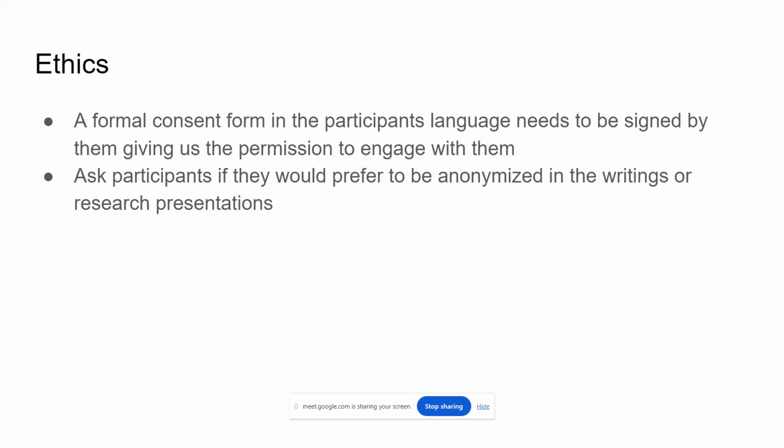So a formal consent form is really important, one that is readable and understandable, comprehensible by the participants, so that they know what you are going to do with them, right? It shouldn't be the case at all that they do not know why you are here, or that you are just trying to get away with their concerns.